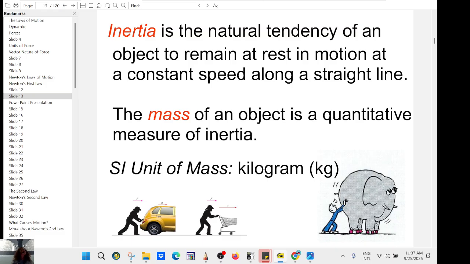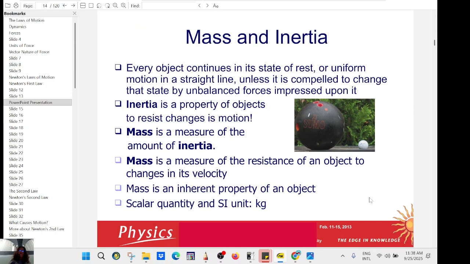But along a straight line, the inertia is just the mass, and the unit is the kilogram. So it means that for the same force that you apply, a larger mass will not experience the same acceleration. The acceleration obviously will be smaller. It's not going to react the same way. Okay? It's not that intuitive. It took 2000 years after Aristotle. Aristotle disagreed with that. He said that things stop from moving because they are lazy.